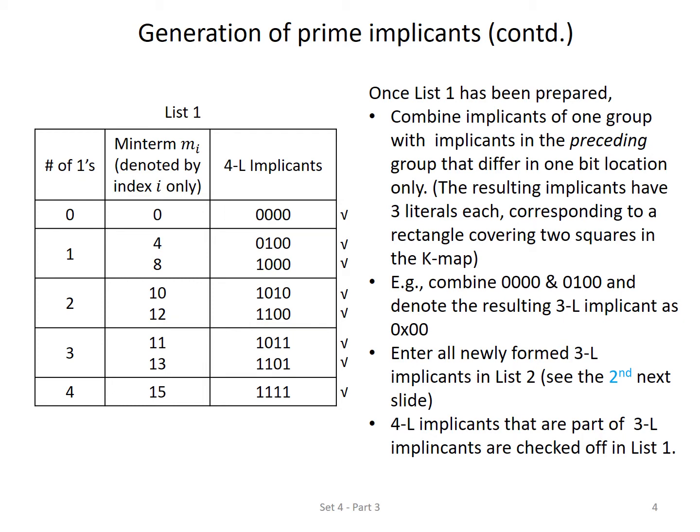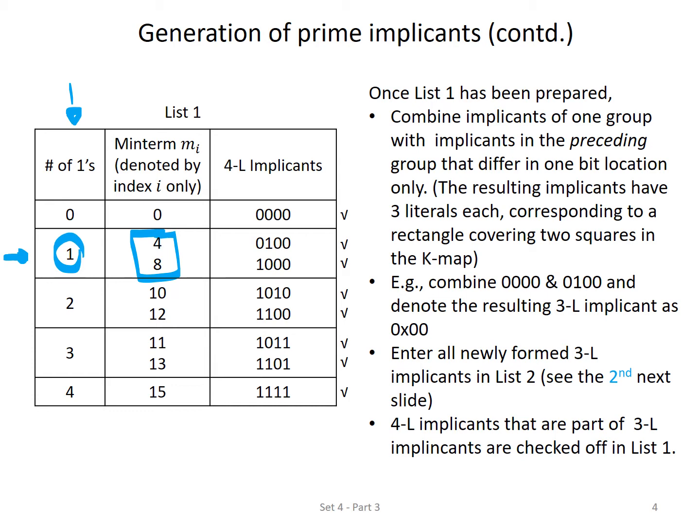List 1 that I mentioned in the previous slide is shown in this table. The leftmost column of this table has the number of ones in the binary representation of the indices of minterms. For example, this row corresponds to the number of ones being 1 for the binary representation of 4 and 8, meaning that the corresponding minterms are M sub 4 and M sub 8.